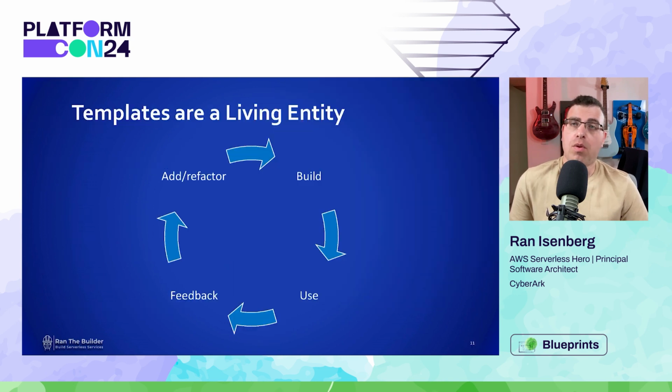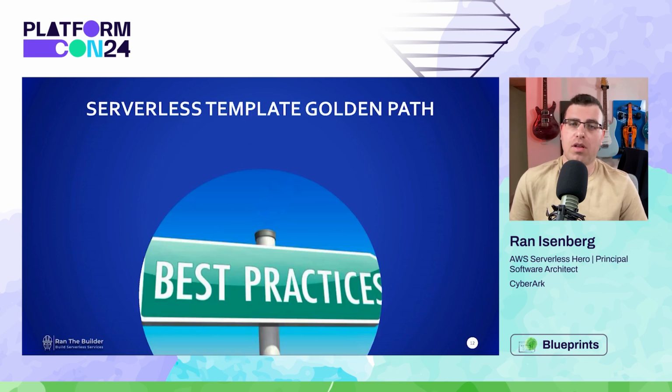Another thing to remember: templates are a living entity. Nobody writes the perfect template on day one. You usually start with something, people use it, you get feedback, which is critical, and then you change it, add new steps, build, people use it, and so forth. So it's never perfect on the first try.